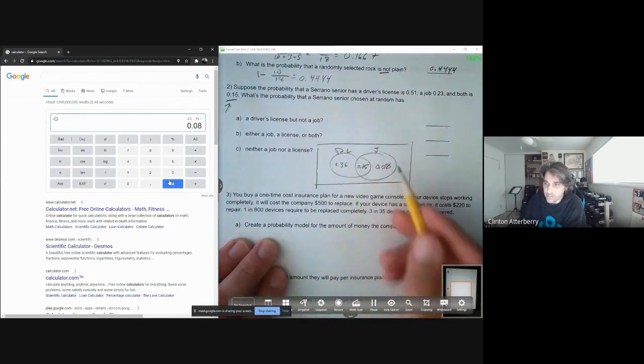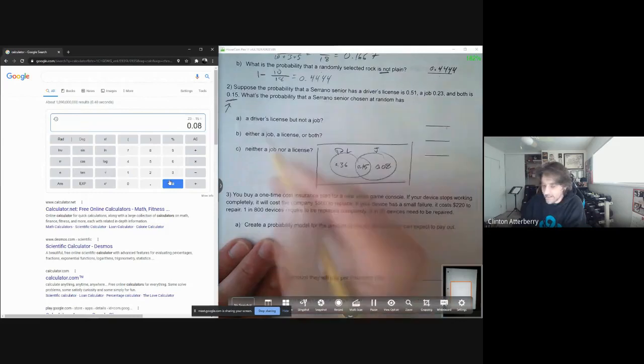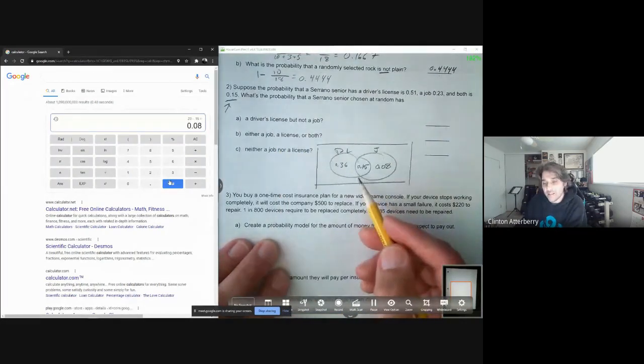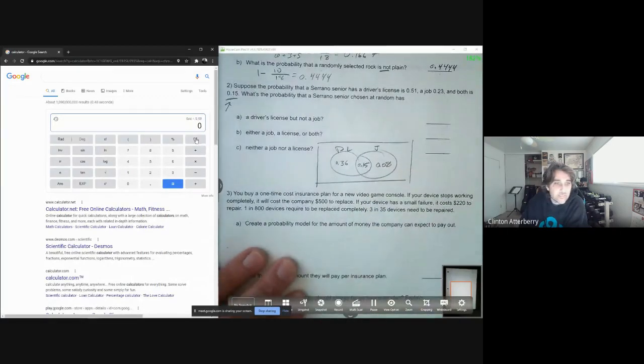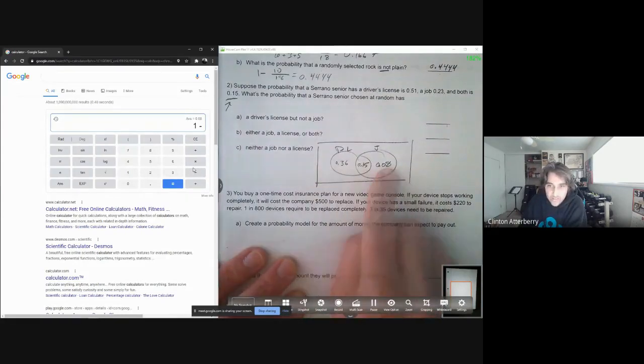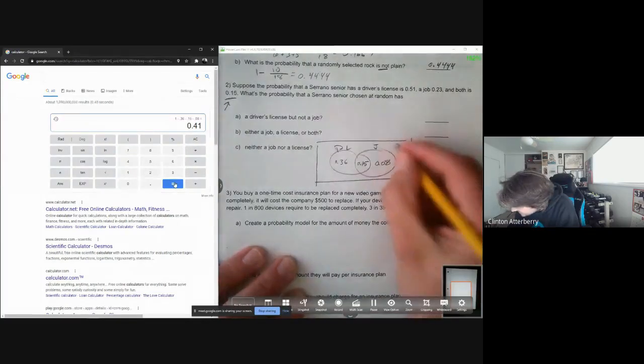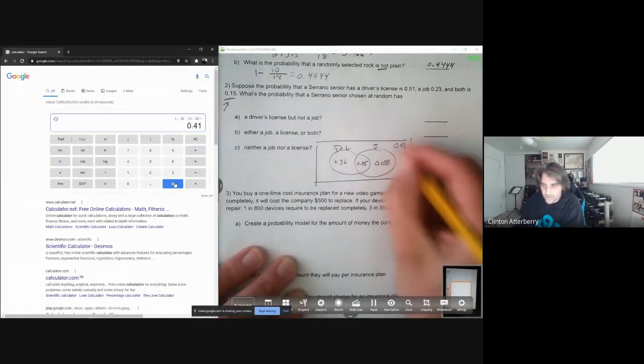So before I answer my questions, I know these questions are going to require me to use these numbers, so I take a moment and say 1, take away, and I'm going to add these numbers across. 0.36, take away 0.15, take away 0.08, and the remaining value is 0.41. You can write that anywhere in this outside circle.